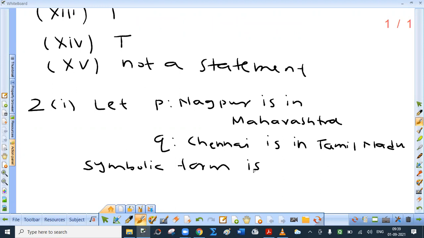Now, which connective is used? And. P and Q. You have to use the symbol only. Do not use the word AND. Is that clear? Now, try to write solutions for the remaining sums.